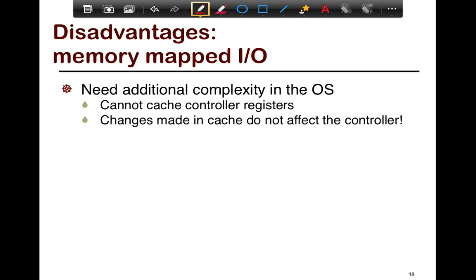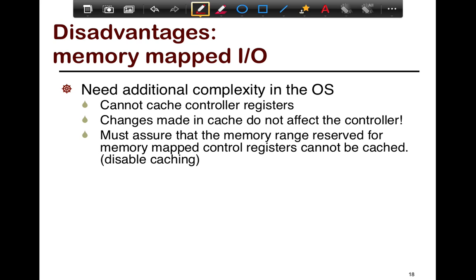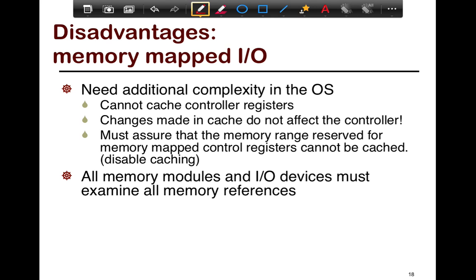For example, you cannot cache things like control registers, because if the data from the control register is cached and you make a write to it and treat it like memory, it does not get reflected in the I/O device immediately. So some of these control registers need to be updated, and they may not necessarily be. If they are memory mapped, you have to deal with the fact that they shouldn't be cached. So you've got to disable caching, and systems need to provide that support.